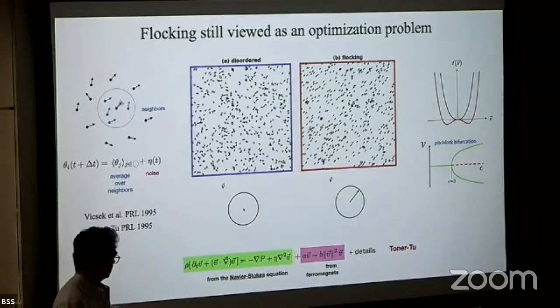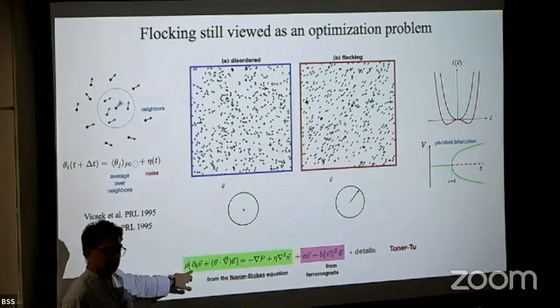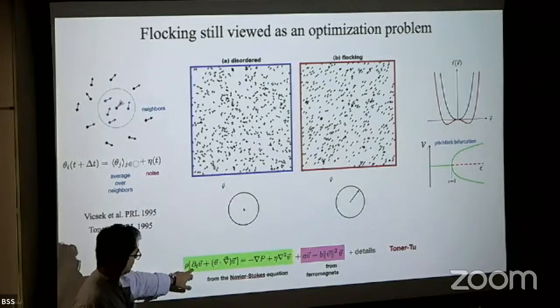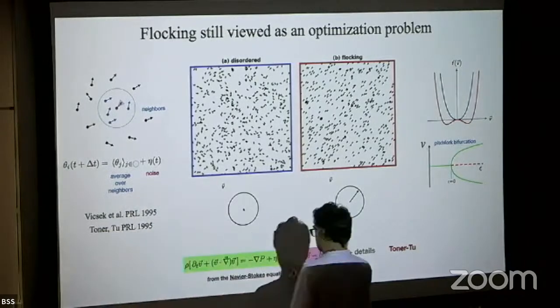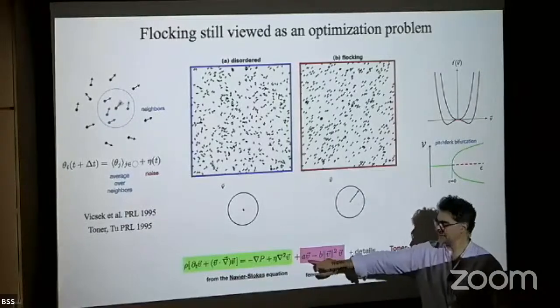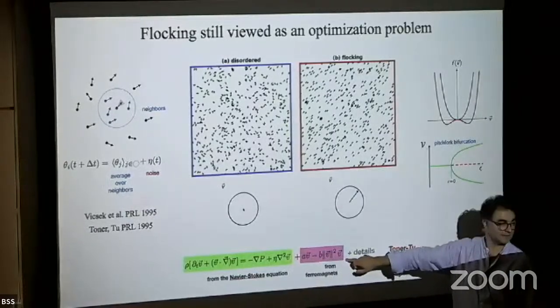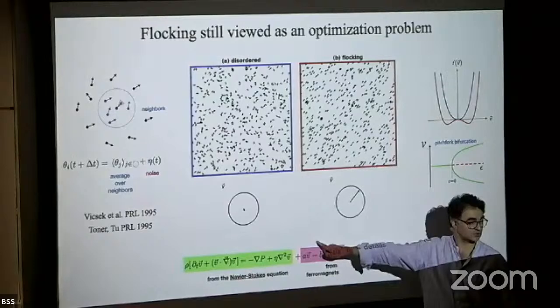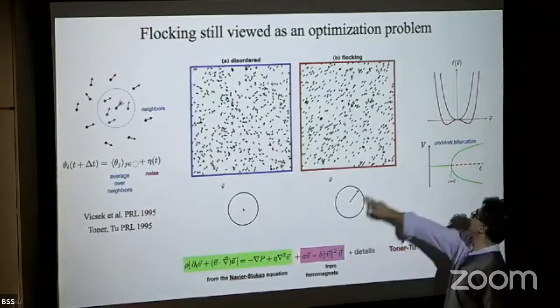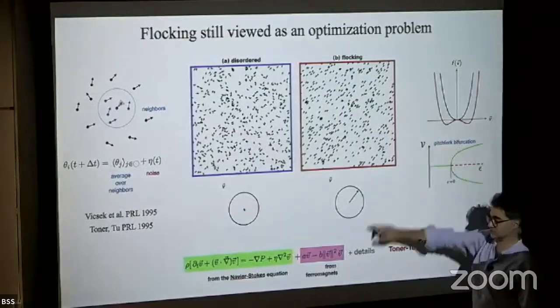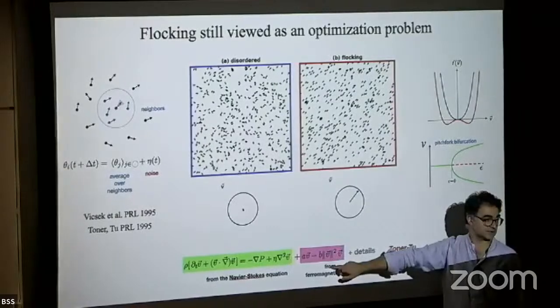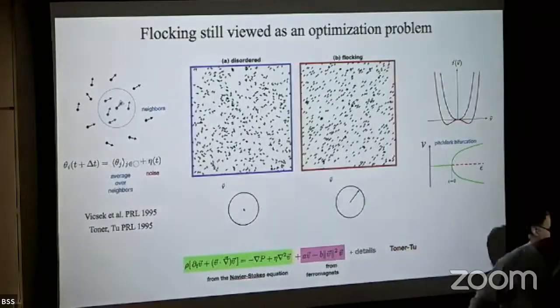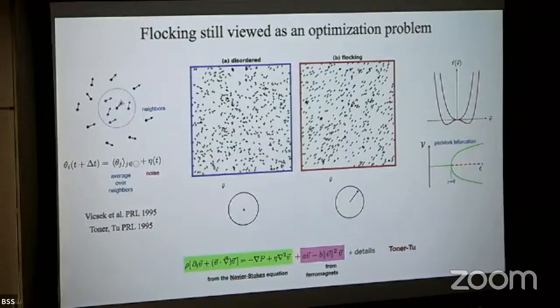And in fact, the equations of flocking, in some simplified form, are the Navier-Stokes equation, which are the same equation as for a fluid, plus this part added. And this part added is just a variation of an energy of this form that is forcing the transition. What I'm trying to say is that flocking has a variational structure baked in.